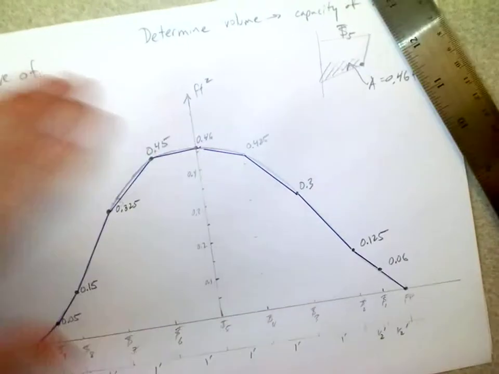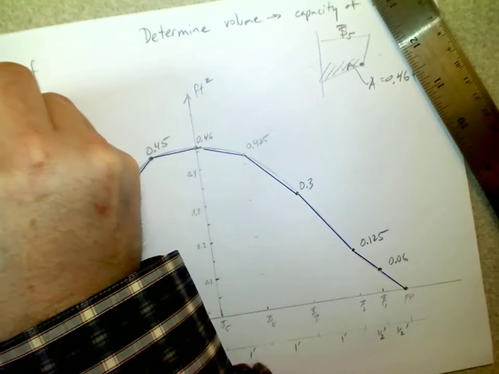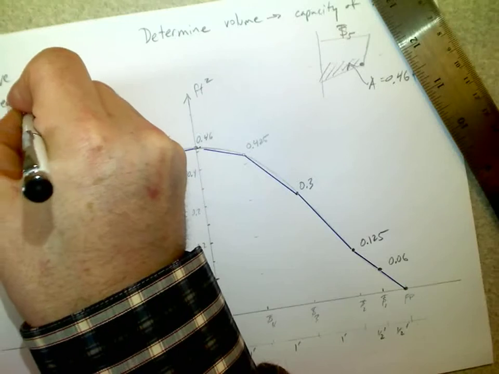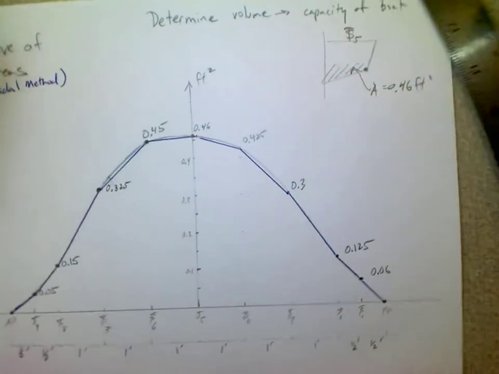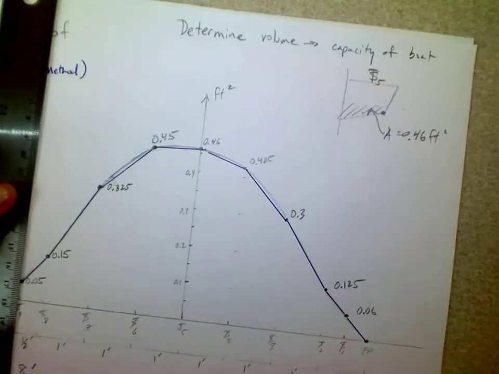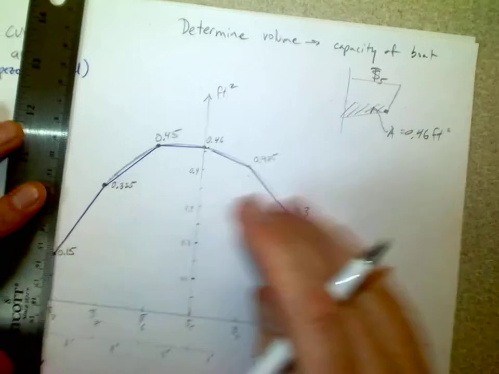So that's why this is known as the trapezoid method. And then for each one of these, we have something like this.